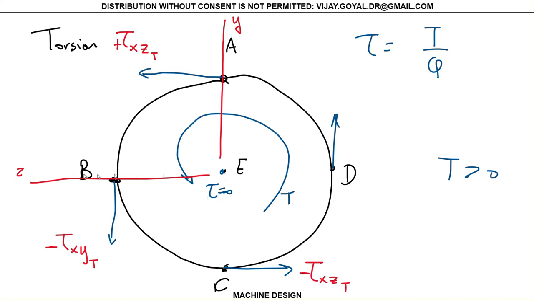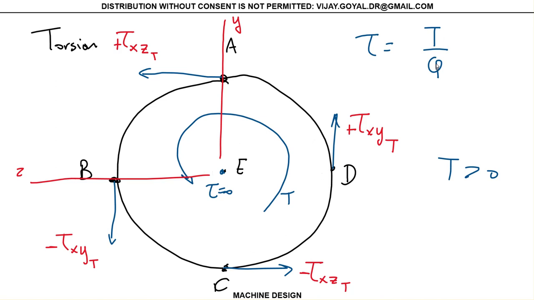Why? Because it's in the opposite direction. Here, this will be tau y torque, and it's positive. And all points in the extreme fiber for a circle will have the same value, T over Q.